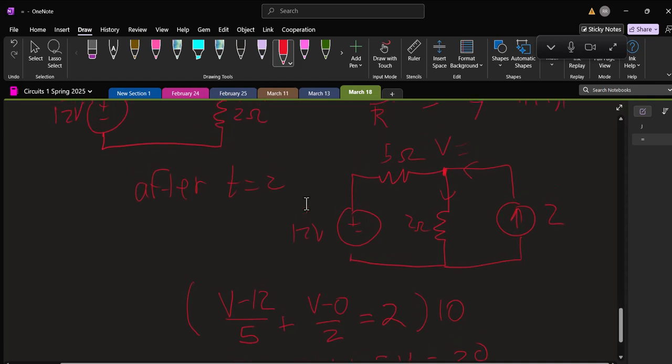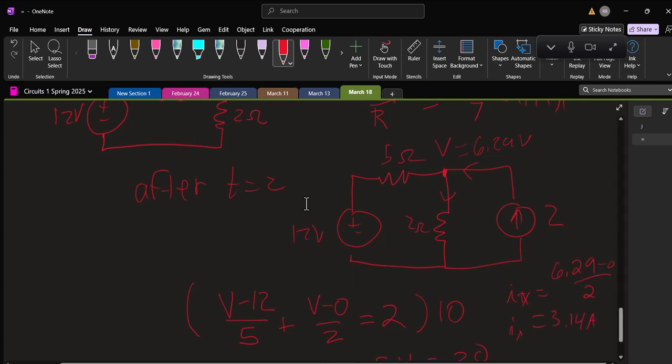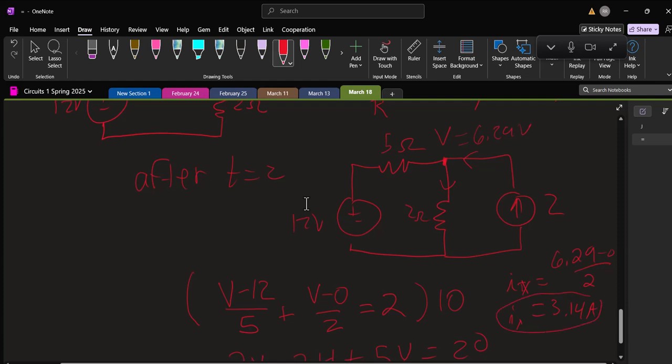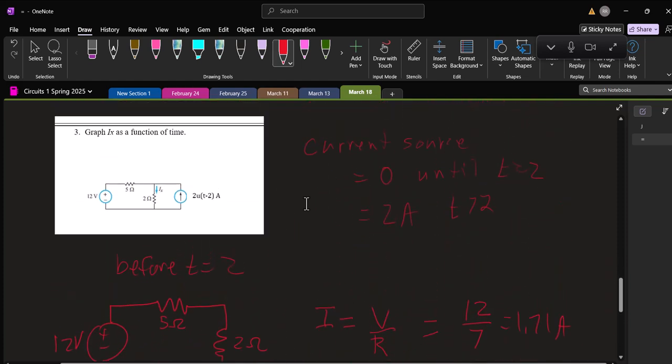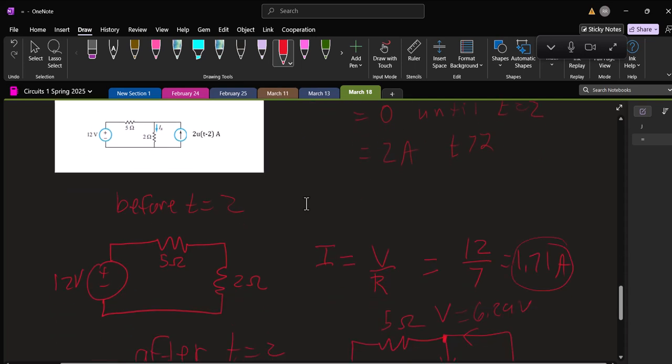So if V is 6.29 volts, then the current going through that branch is 6.29 minus 0 over 2, which is 3.14 amps. So I have that it's 3.14 amps after time t equals 2, and it was 1.71 before time t equals 2.